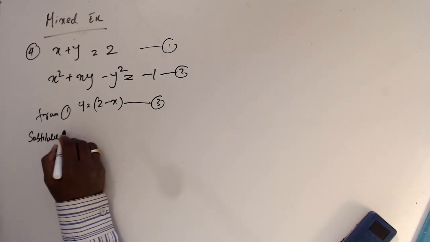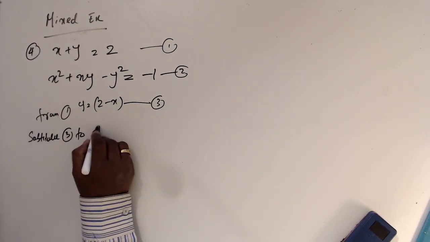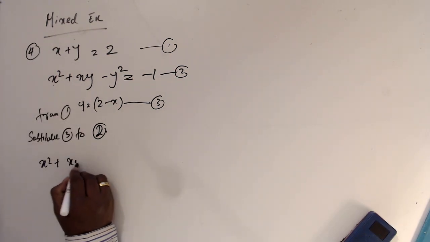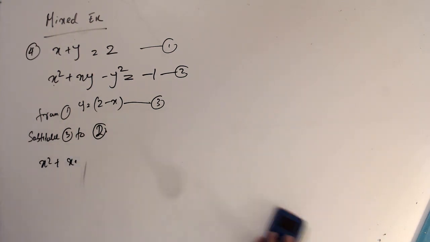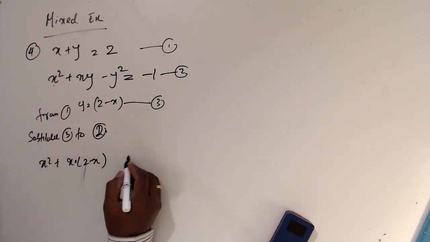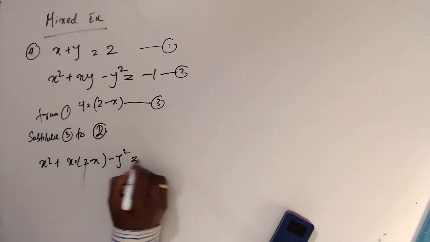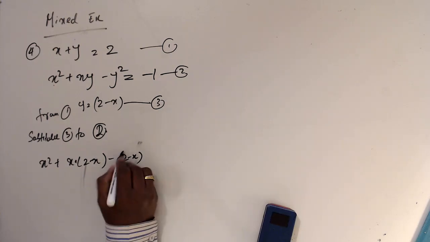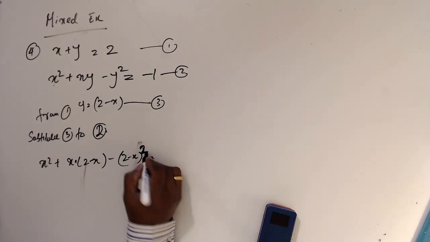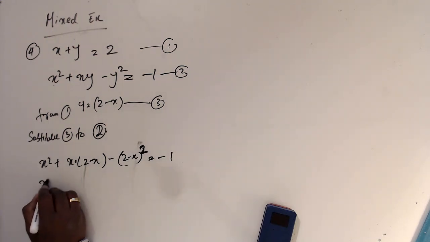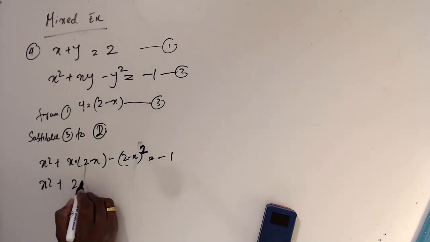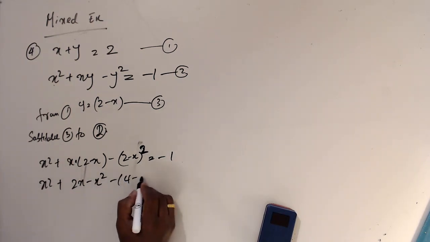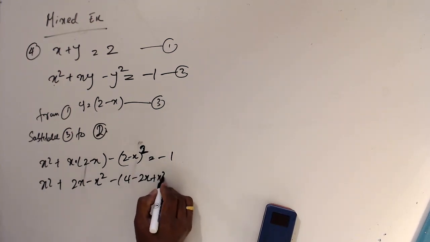Substitute 3 into 2, then x square plus x times y minus y square. Now we know the y value is 2 minus x, and y square means you have to square it, equals minus 1. So x square plus 2x minus x square, minus 4 minus 2x plus x square, minus 1.